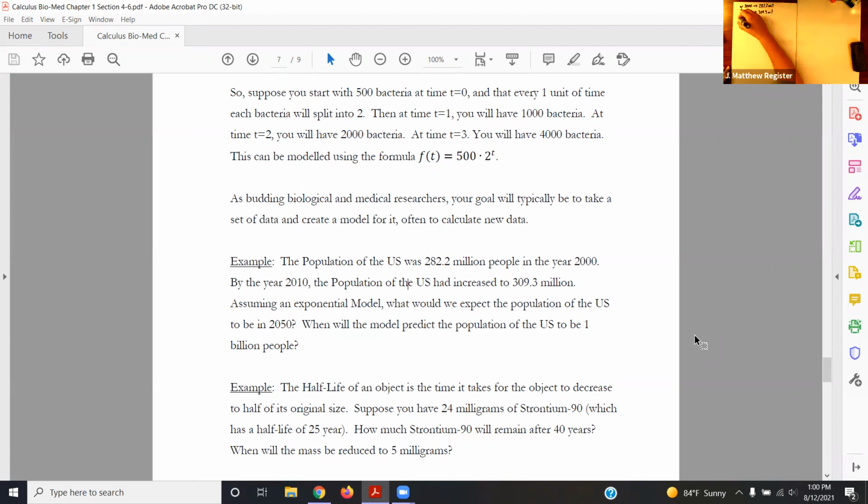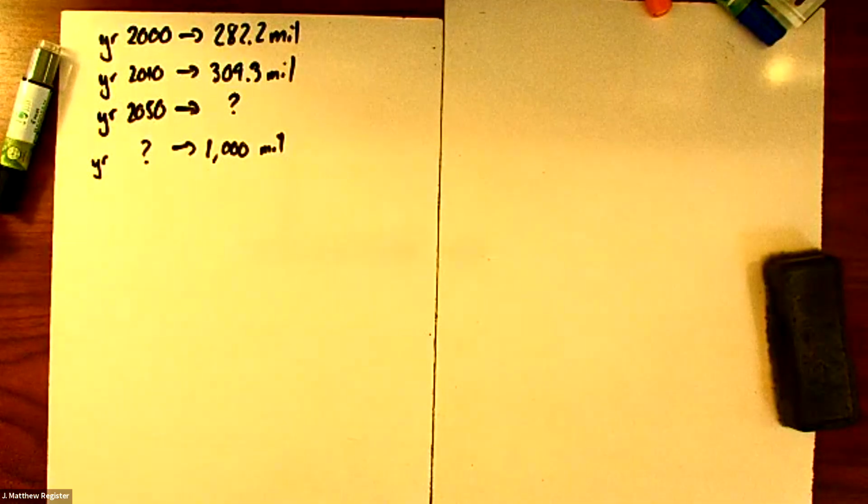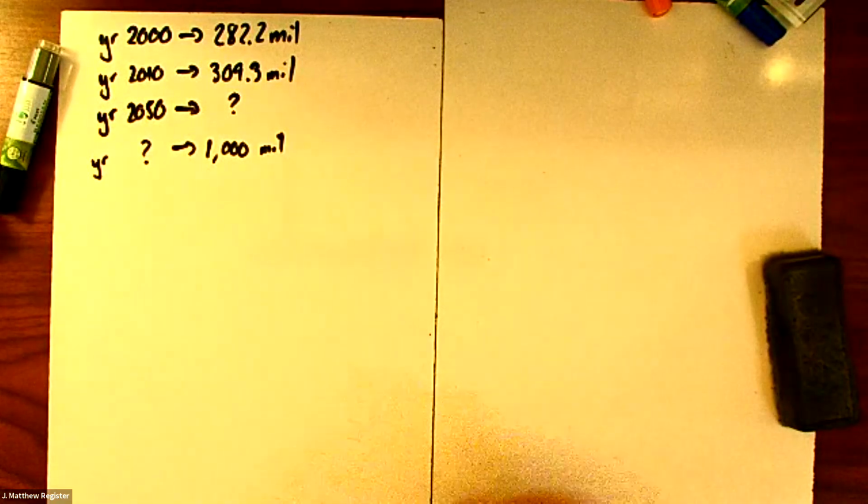The question is, in the year 2050, what is the population? And then when will the population be 1 billion, which would be 1,000 million? We're assuming an exponential model, so let's see if we can develop an exponential model for this.